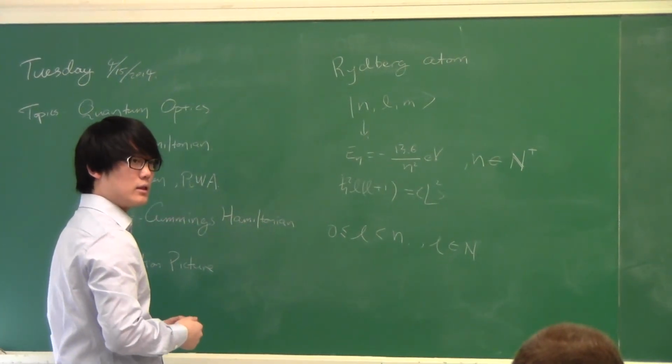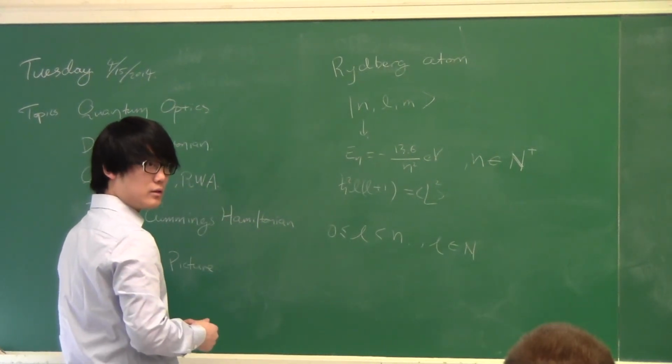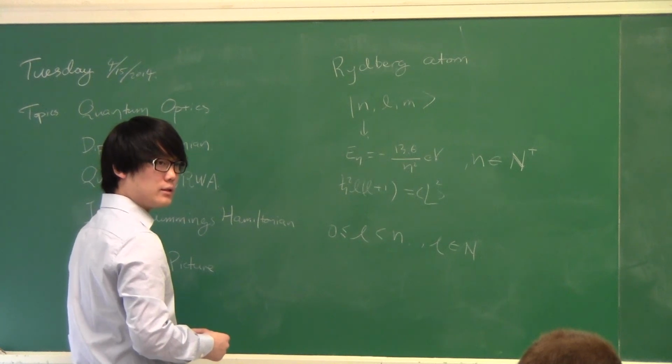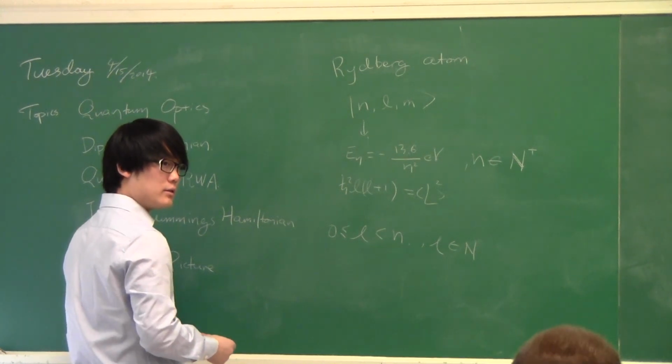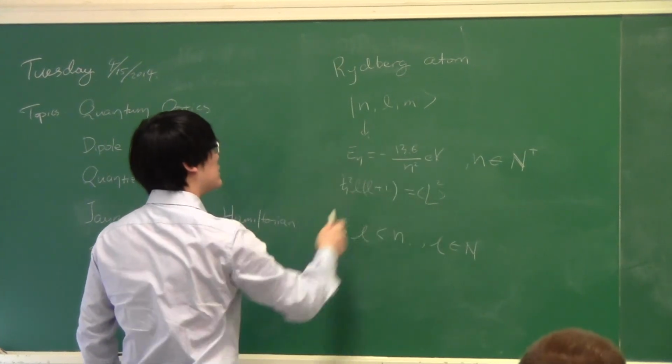So now what this allows us to do is, when n is extremely large, in the simple model, all the l states are degenerate. As I said, since the energy is only related to n, all the l states are degenerate.